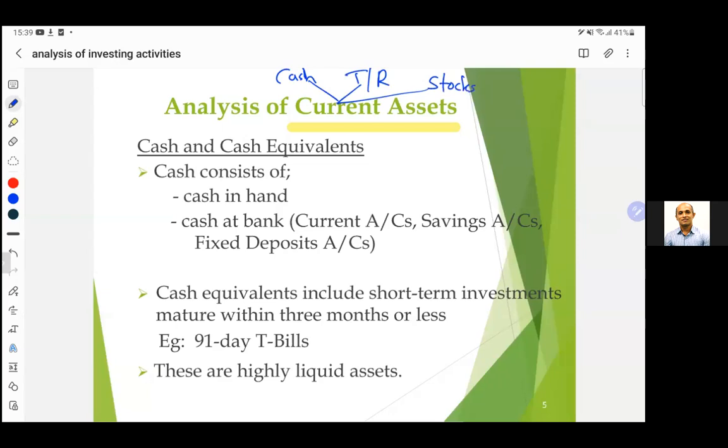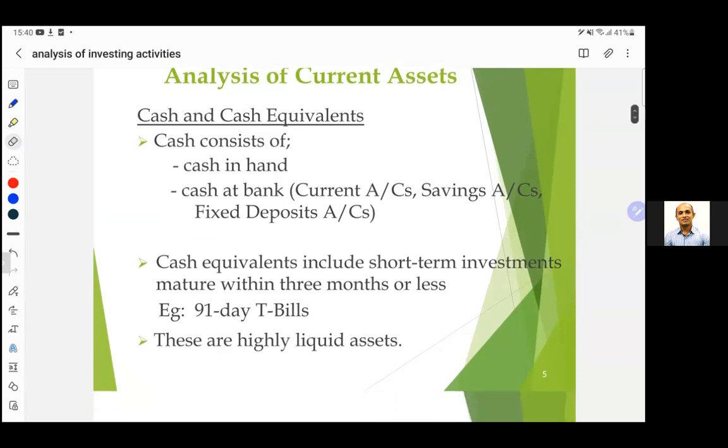These are the three popular current assets: cash and cash equivalents, trade receivables, and stocks. Right. So we'll start with cash.